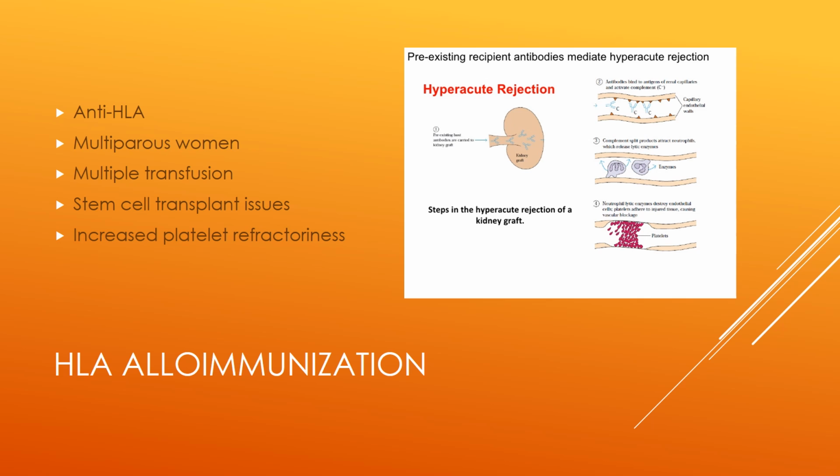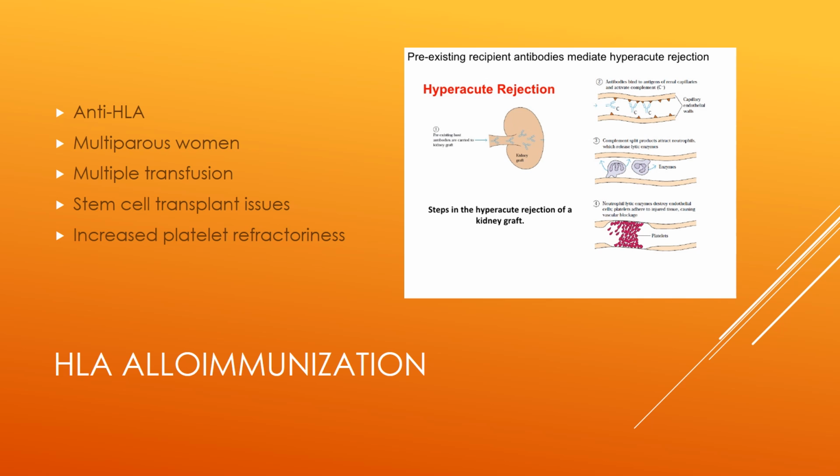Okay, then we have our HLA people. So HLA antibodies, the most common place we see them is with multiparous women. Through multiple pregnancies, the mother interacts with cells from the infant and produces antibodies against them.